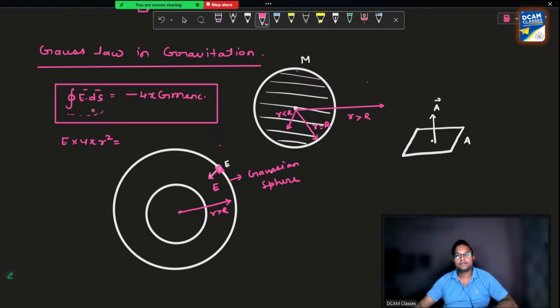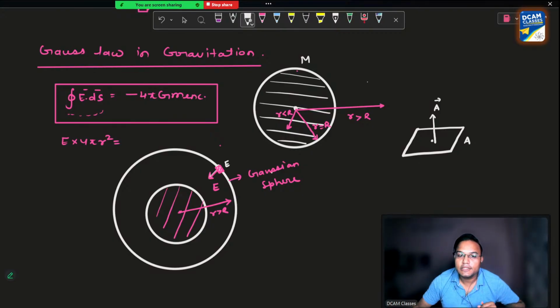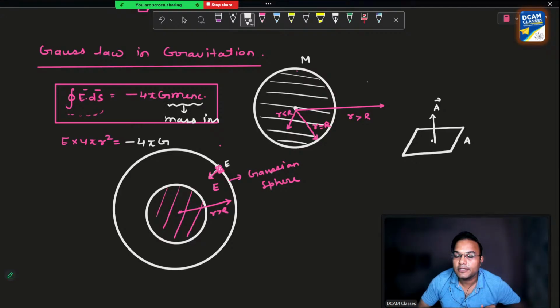Okay. E into 4 pi r square means the field into the surface area of the Gaussian sphere that you have taken. And this will be equal to minus 4 pi G times M enclosed. What is M enclosed? This is the mass inside the Gaussian surface.